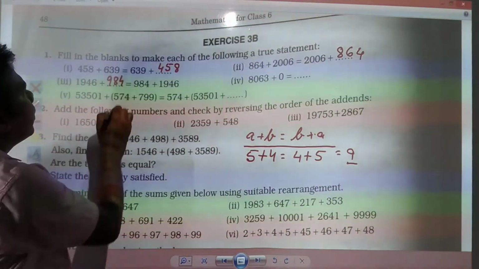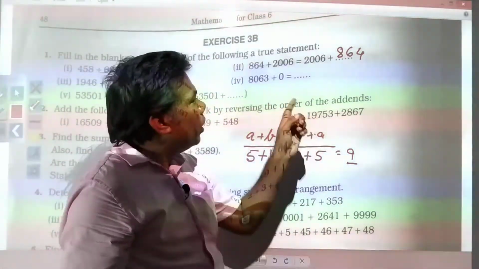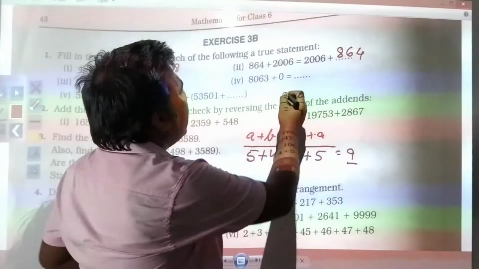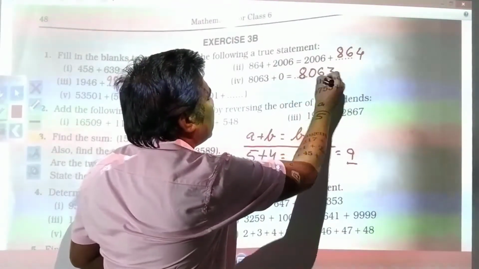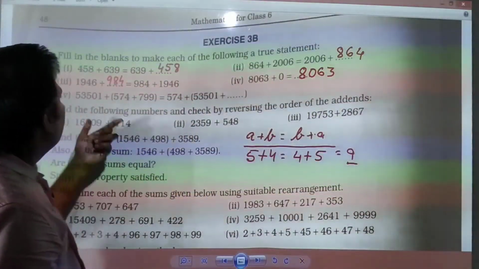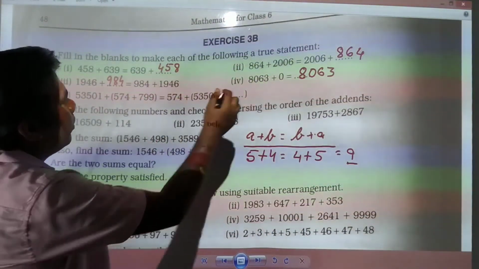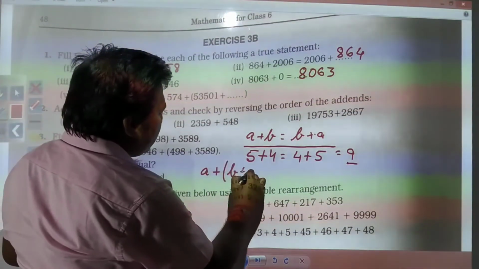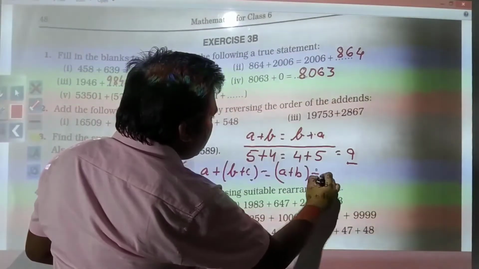984. And here you have 8063 plus 0. If you add 0 to any number, what will you get? The same number, it will not change. That was already explained. Here you see a number plus, in brackets, you have a plus b plus c is equal to a plus b plus c.